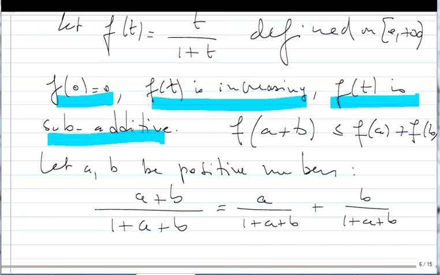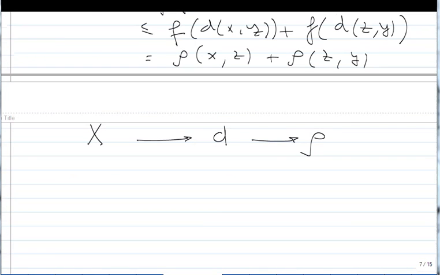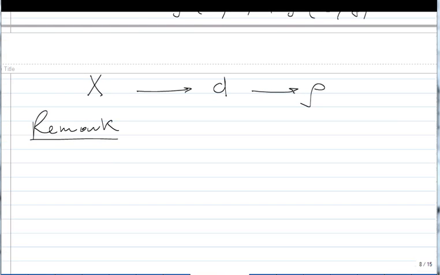As you can see, this is a well-defined function on the elements of x. I'll leave it to you to show that in fact d is a distance. We call it the discrete distance, defined on x.